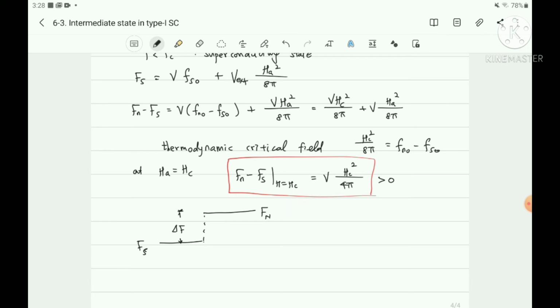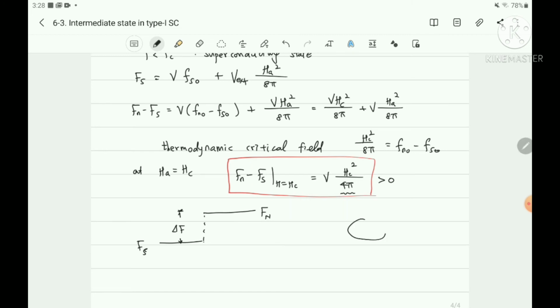Here they say that the transition from the superconducting to the normal state, free energy increases by this, the free energy increase per unit volume. Then the energy source at the normal state is work against the back EMF induced as flux enters the sample.